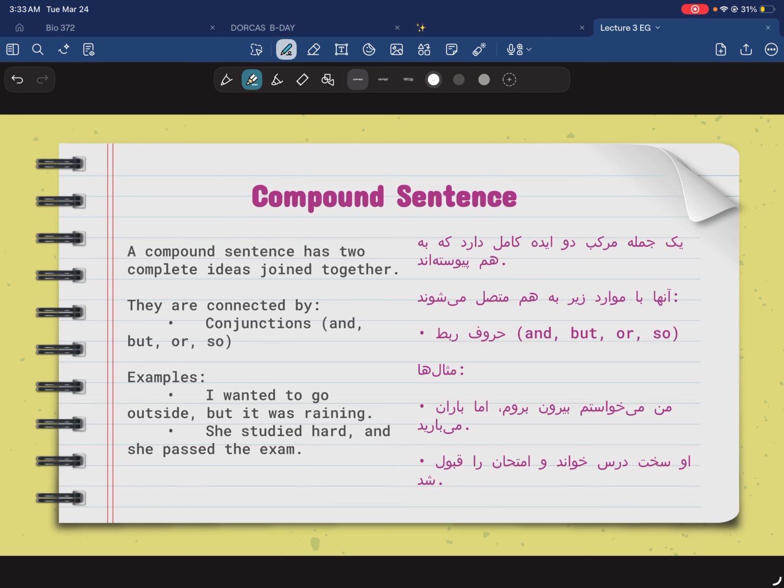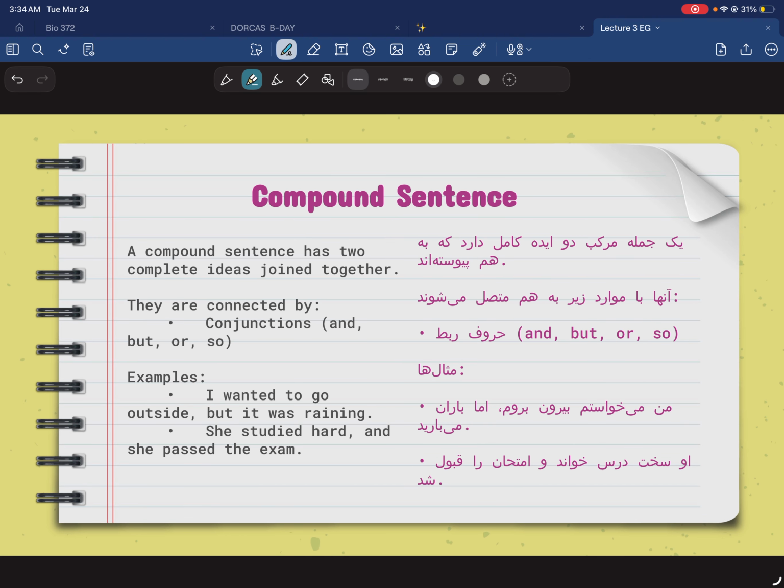But we're just going to expand on this. An example is going to be, I wanted to go outside, comma, but it was raining. So it's two complete ideas. It was raining. I wanted to go outside. You could end that with a period. It was raining. When you add but, it connects why you're hesitating to go outside.